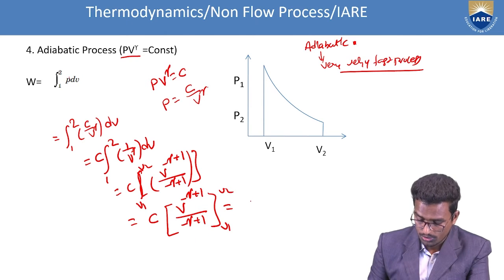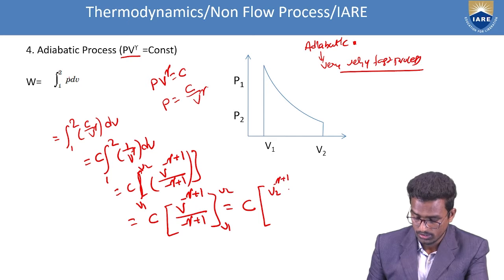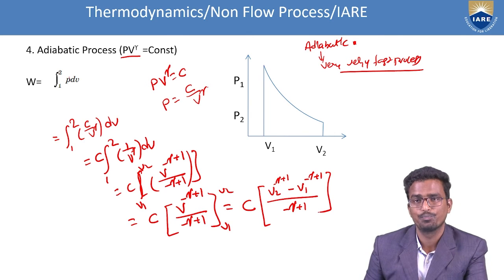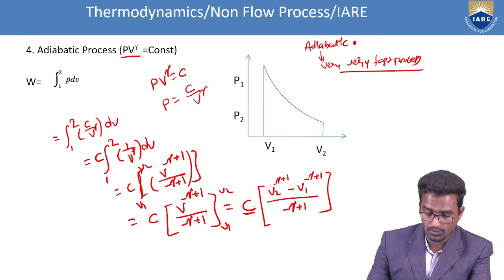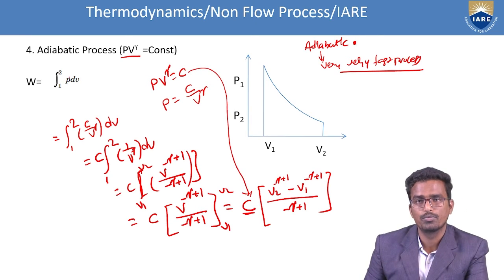Apply the limits. Once we apply the limits, what happened? It is V2 power of minus gamma plus 1 minus V1 power of minus gamma plus 1, by minus gamma plus 1. Now, you know what is the value of C? C is PV power gamma.